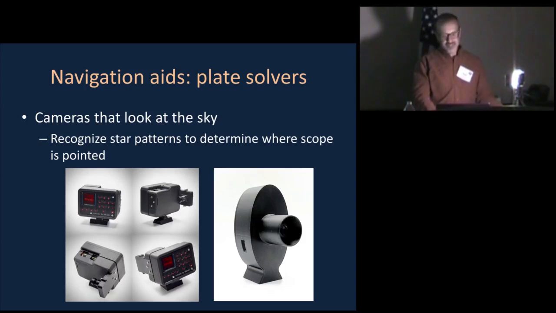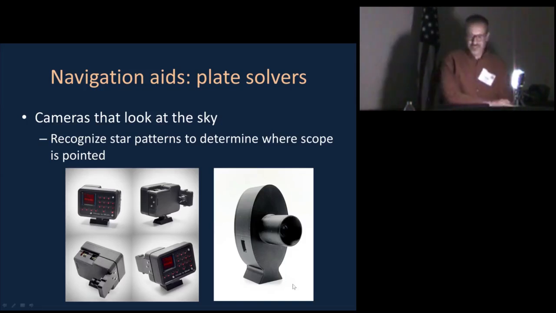So it's a little self-contained device there. So that's one example. This is another similar example on the right. It's just a standalone camera, and you connect it to your tablet or phone via Bluetooth or Wi-Fi, and it does all the same thing.